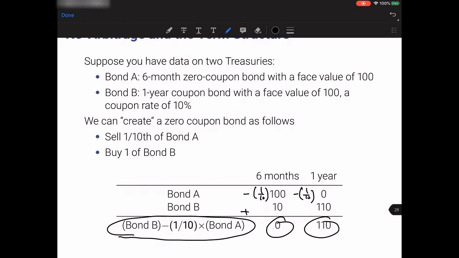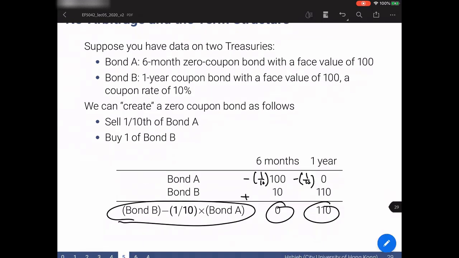If we know the price of bond A and bond B, then it's very easy to compute the price of this portfolio and also compute the implied bond yield of this portfolio. The key assumption here is that a portfolio of bonds is still a bond.